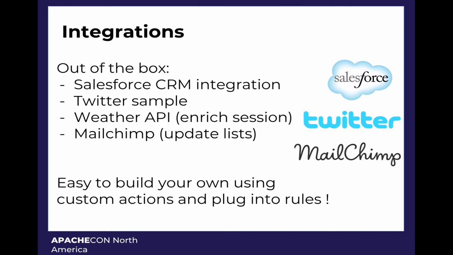The weather API connects to a weather service, and we use this to enrich the session of the user, saying, okay, his weather currently is this. And finally, MailChimp, where we update MailChimp lists based on the user's profile information. It's also very easy to build your own. Just build a custom action and plug it into a rule.